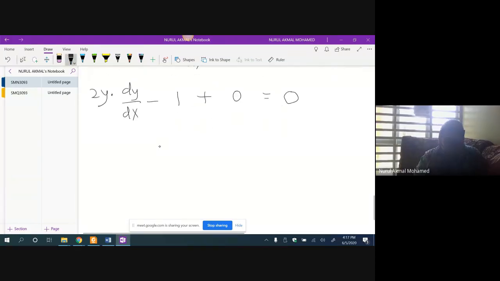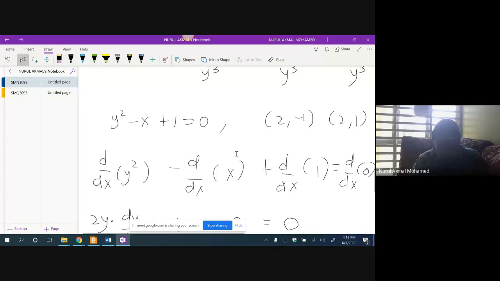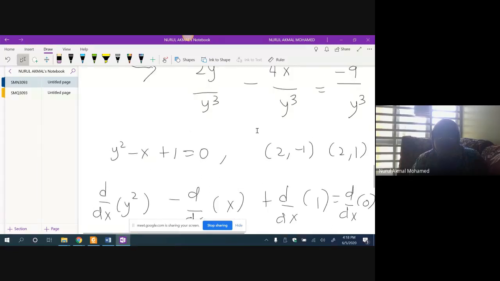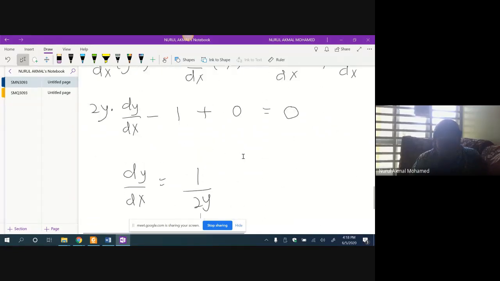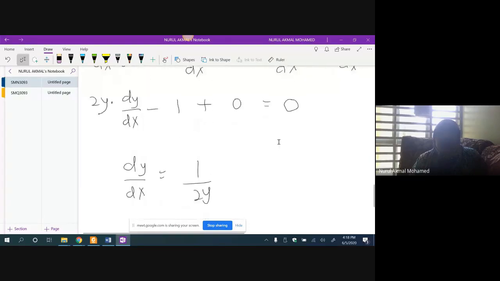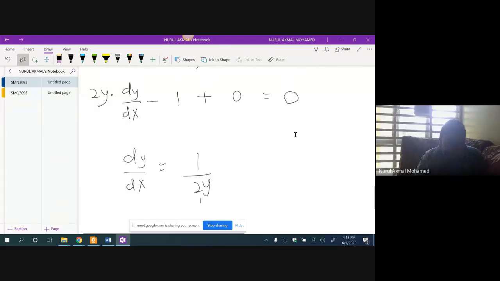And now you have to make dy dx the subject. So dy dx is equal to 1 divided by 2y. Then you substitute in the coordinates. You want to find the slope of the tangent line for the coordinates 2, -1 and 2, 1. For 2, -1, you substitute the coordinate of y, so y is -1.